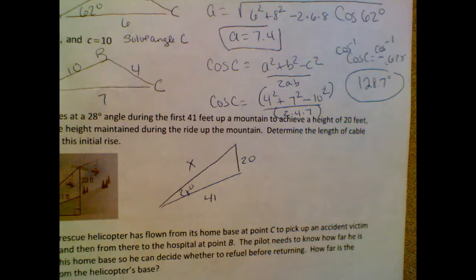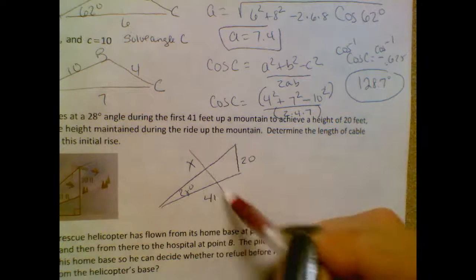So we have to figure something out here. Do we know anything else? I think we're going to bag this problem because they didn't give us the angle that we needed. Forget this problem, guys. They didn't give you enough information.